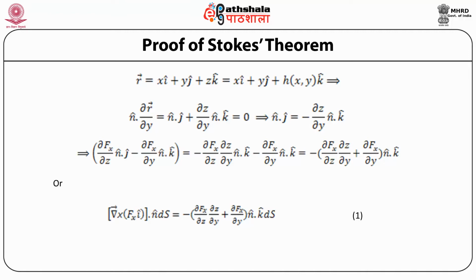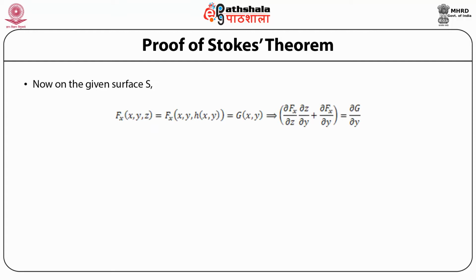Or we can write (del cross Fx i cap) dot n cap dS equals minus (∂Fx/∂z ∂z/∂y plus ∂Fx/∂y) n cap dot k cap dS.